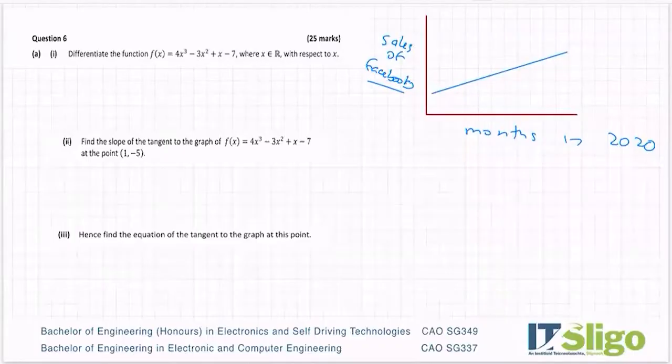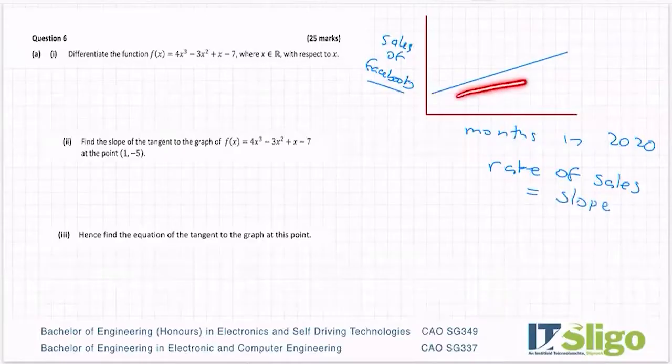If you need to find out the rate of sales, and in English that means how fast sales are growing, you would get the slope of that line. Because the slope or the slant of that line is the relationship between time and sales for this particular graph. How would I get slope?